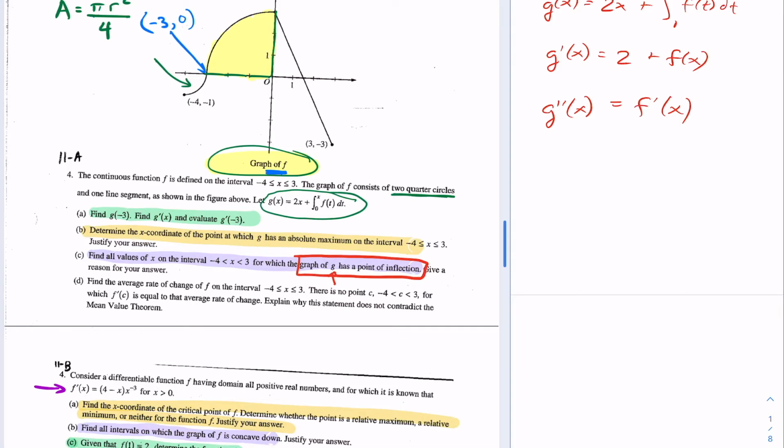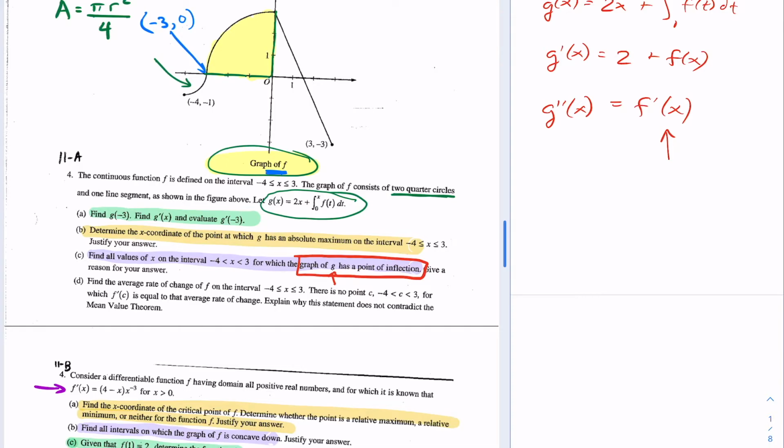So g double prime will behave just like f prime. If g double prime changes signs, f prime will also change signs. If g double prime is positive, f prime is also positive.